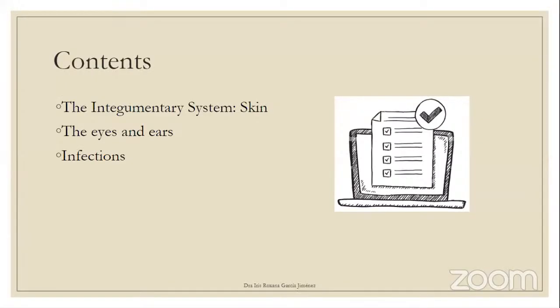Tonight, we are going to check the integumentary system: the skin, the eyes and ears as the two senses that we have in the program, and a general view about infections. Within infections, we are going to check a little bit about sepsis, that kind of trouble, and how we can get the red light and how to start acting.